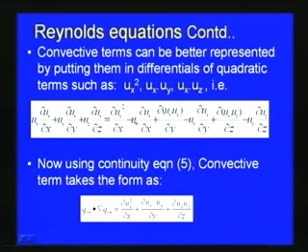So, we can write u x into del u x by del x plus the second term; these 3 terms we can combine together, the second term, fourth term and sixth term on the right hand side. We can combine these 3 together and then use the continuity. So, it will become null or 0, since del u x by del x plus del u y by del y plus del u z by del z is equal to 0.